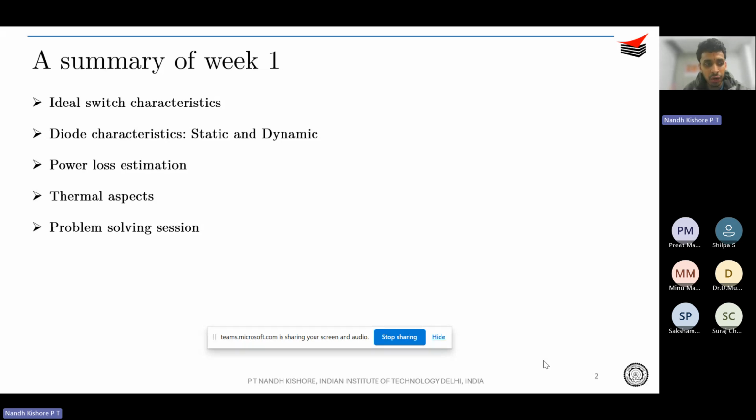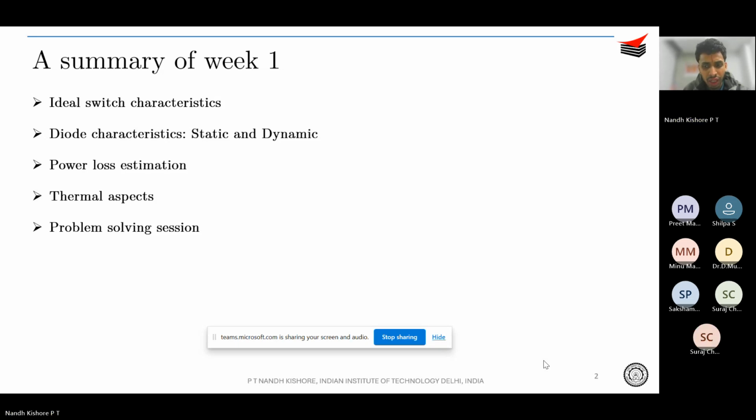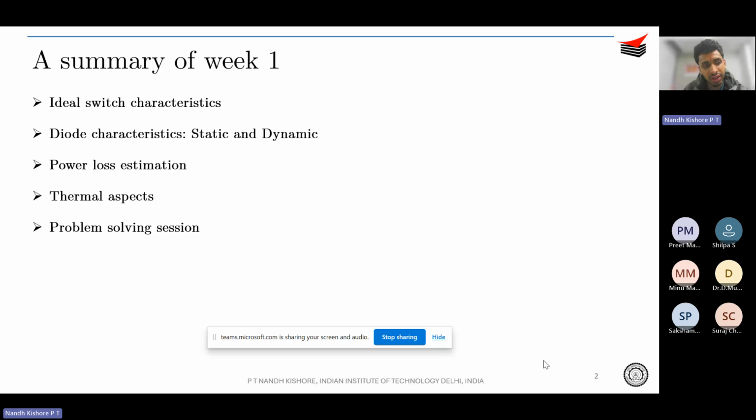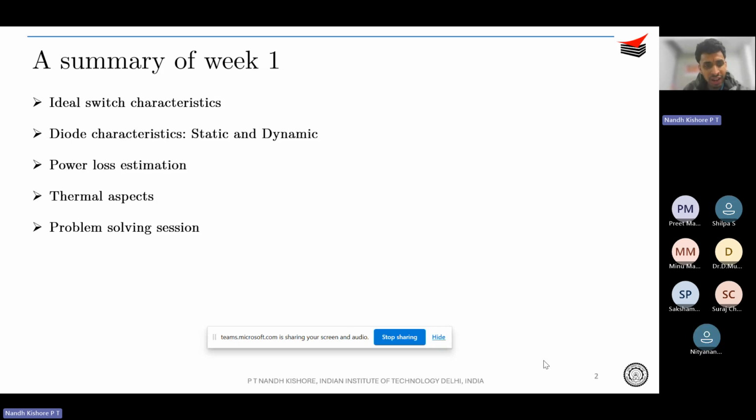That is, you know that the diode has a specific cut-in voltage, and of course, a practical diode would have a definite RD, that is the resistance. Corresponding to that, you of course have some power losses, and you came into how to calculate those power losses. Based on the power loss, we generally determine the thermal aspect, right?